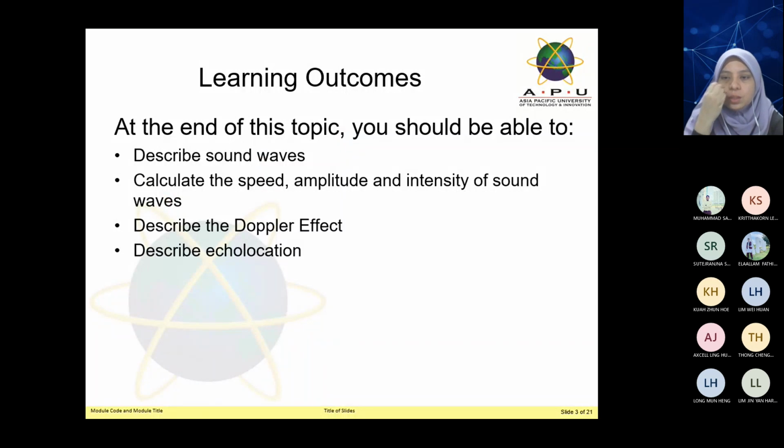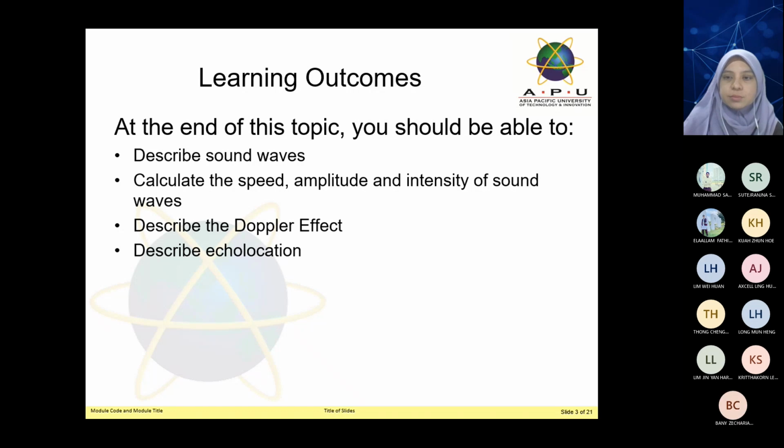Longitudinal, okay. Very technical. Okay. So what is the difference between sound and hearing? Anyone know?